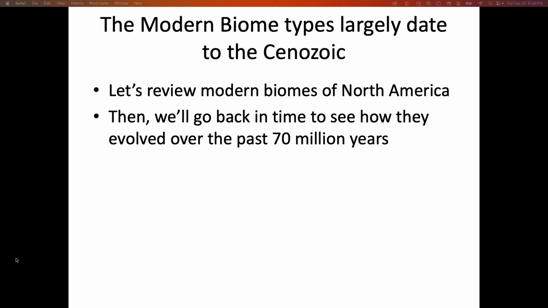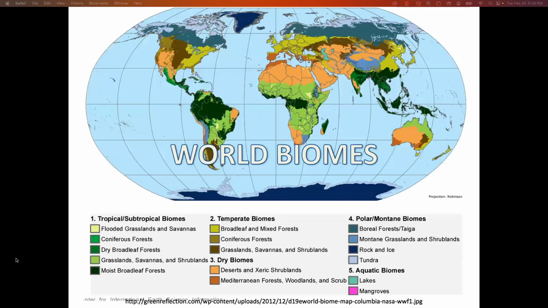Okay. So what I want to do now is stop and review some basic stuff, probably from high school, maybe freshman biology, but I want to review the world's biome types. Raise your hand if you've studied a map of the world's biomes. Okay. Just give me an idea when you had that.